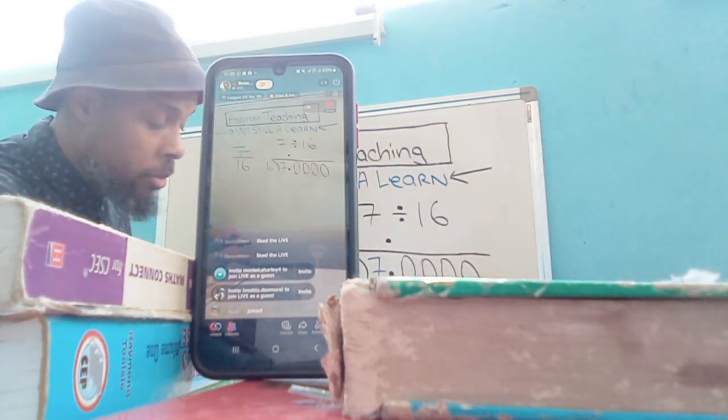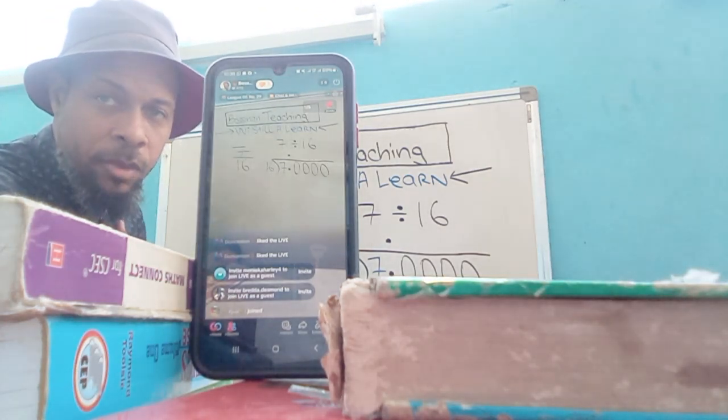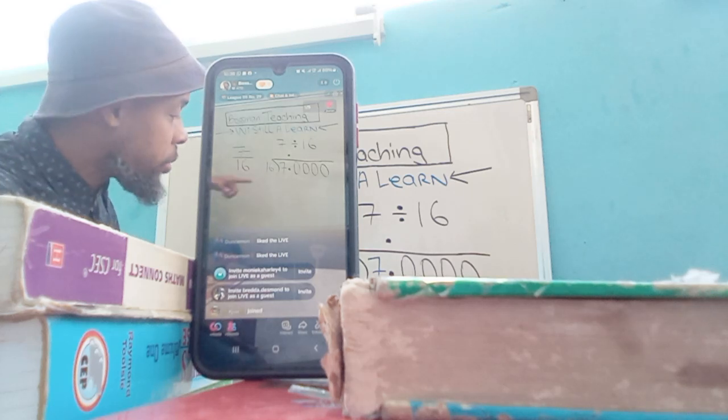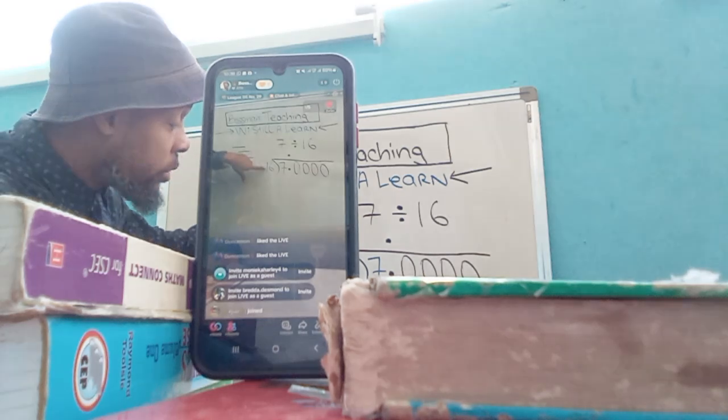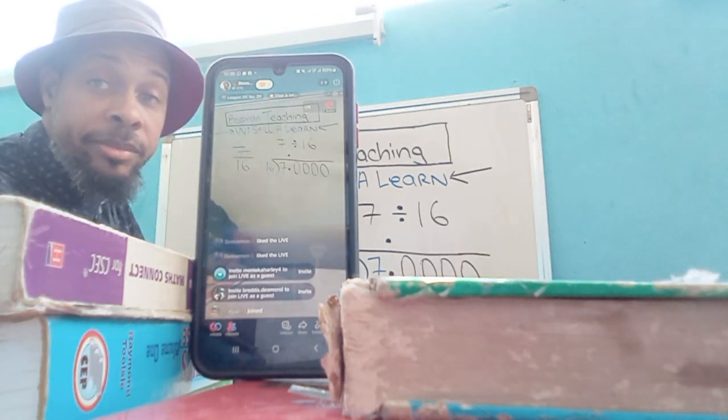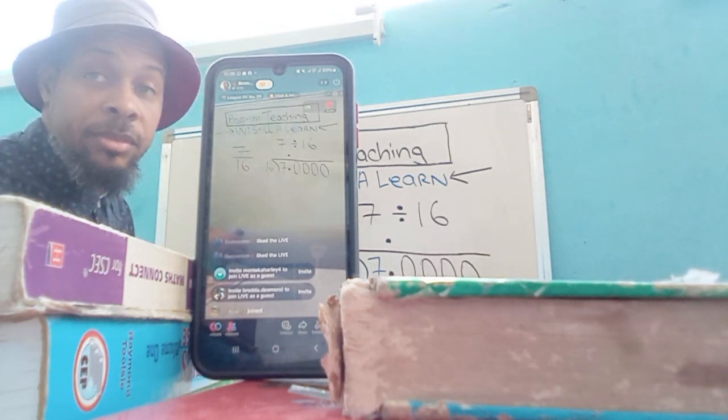Okay. My favorite thing to do from this point is this. We have a 16. We're going to make a timetable of 16. Right?